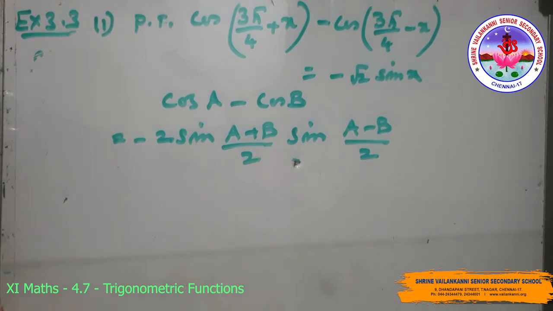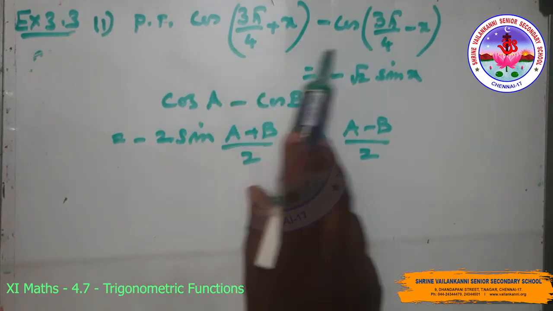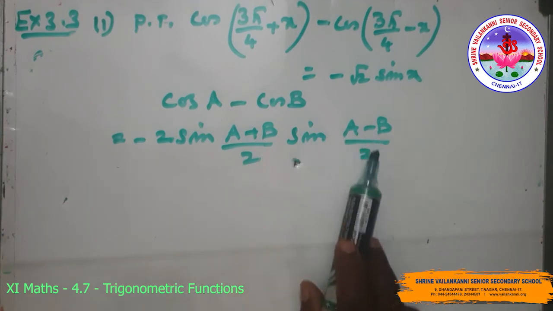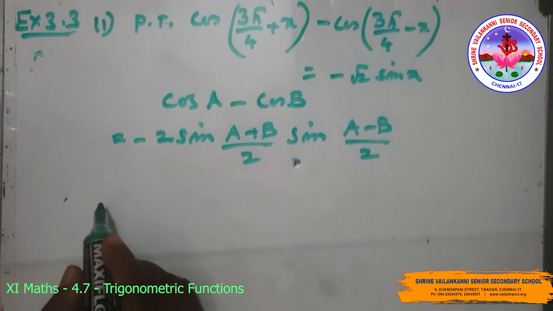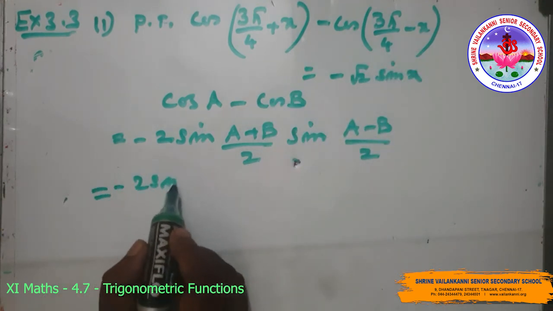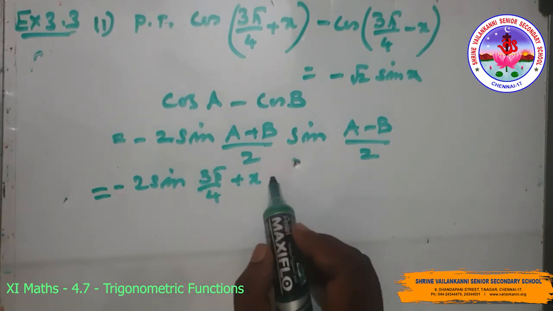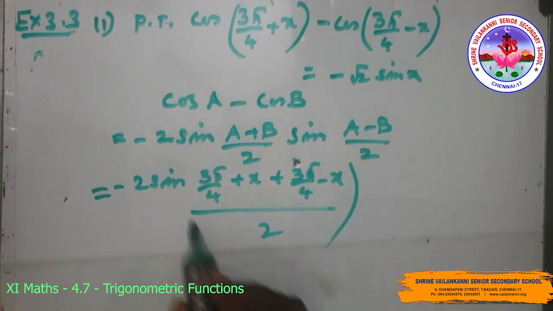11th one, prove that cos(3 pi by 4 plus x) minus cos(3 pi by 4 minus x) is equal to minus root 2 sin x. So taking LHS, which is in the form of cos A minus cos B. So cos A minus cos B is minus 2 sin of (A plus B) by 2 sin of (A minus B) by 2. Here A is 3 pi by 4 plus x and B is 3 pi by 4 minus x. So minus 2 sin of (3 pi by 4 plus x plus 3 pi by 4 minus x) whole by 2.